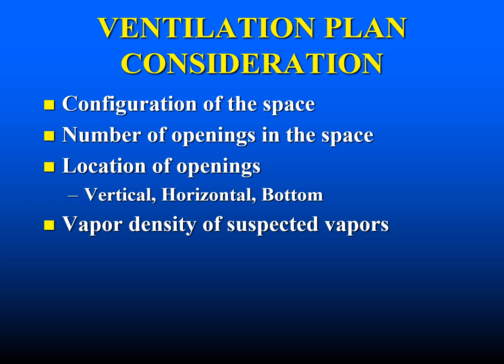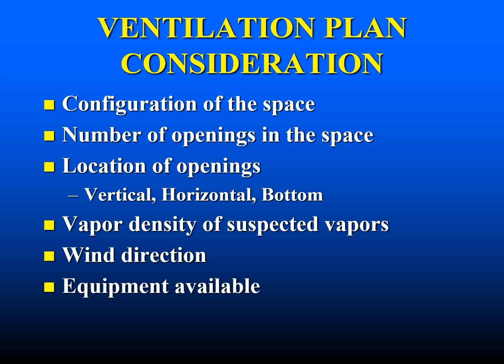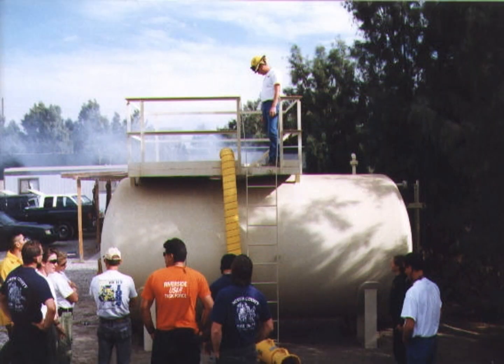We have to determine the vapor density of the suspected vapors, the wind direction, and the equipment available. Here's an example of a group of people ventilating the inside of a tank. You can see the exhaust fan and the tubing going up to the top.